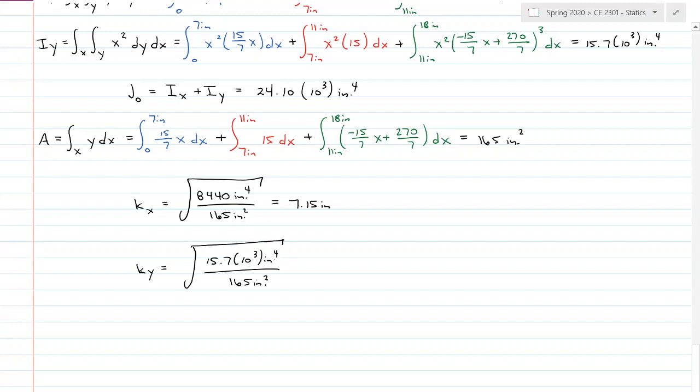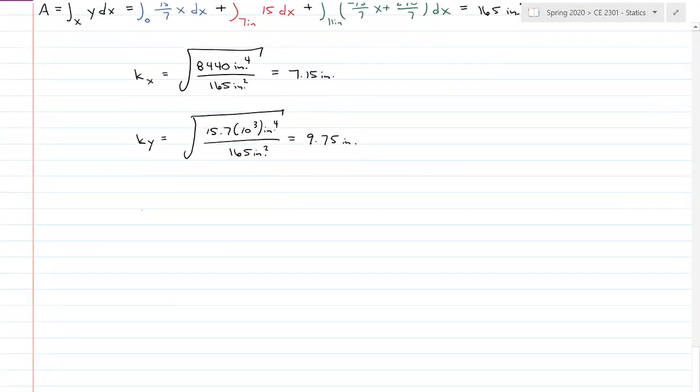And that is going to give me a bigger number, 9.75 inches. And my polar radius of gyration about the origin is going to be the square root of 24.1 times 10 to the third inches to the fourth, divided by 165 inches squared. And that is equal to 12.1 inches for that value.